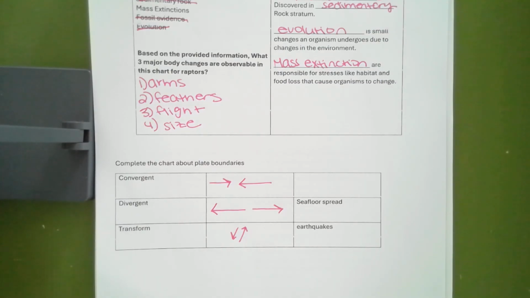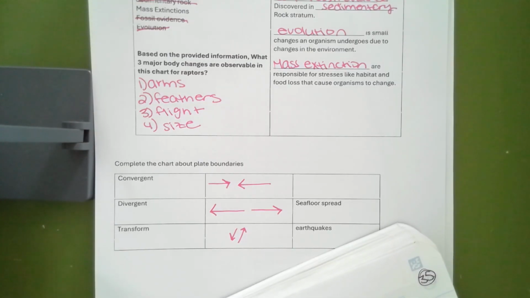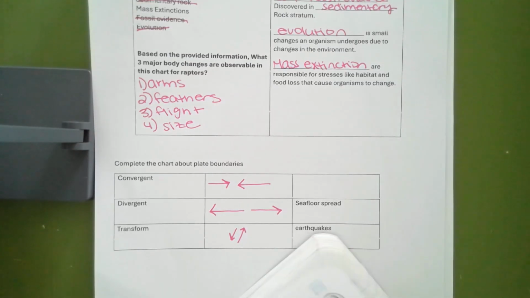Hold on. We're going to get out our handy dandy notebook. We're going to go back in time. Do you see how I use this as a reference manual? Yes, ma'am. Plate tectonics.